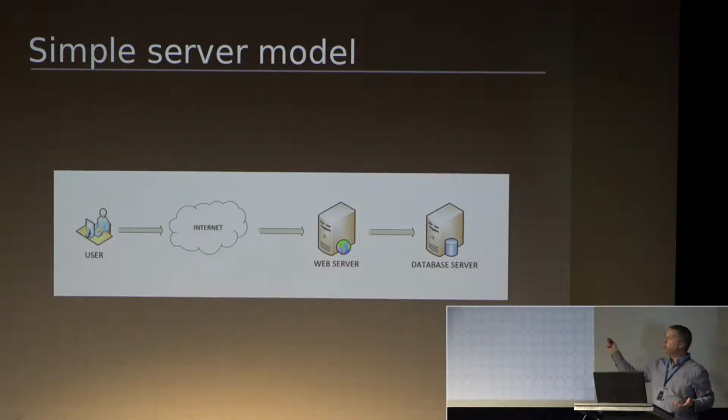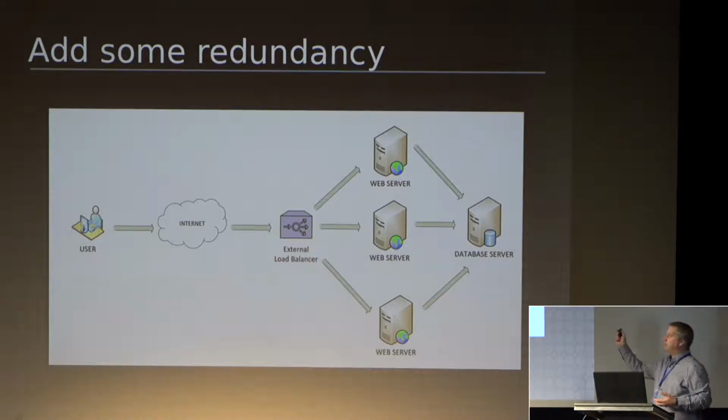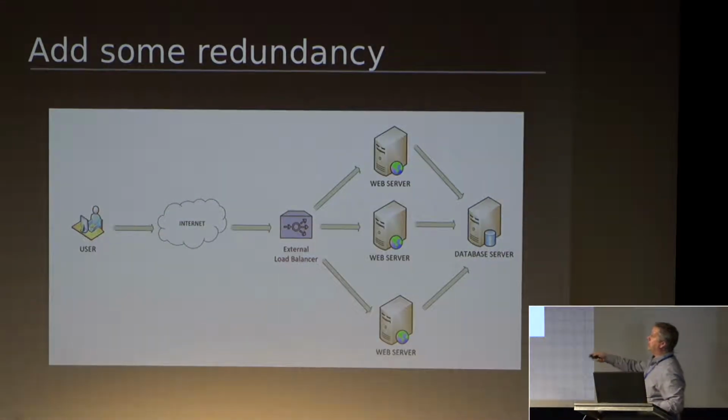Small websites, we run on this kind of system whereby we've got all these baked-in problems that we can't do much with. Now, you can add some redundancy. So you can add load balancers, you can put clusters of web servers in there, you can have back-end database servers, you can consume database services, so you don't have to worry about that infrastructure. But again, same set of problems in terms of there are still in certain cases single points of failure.